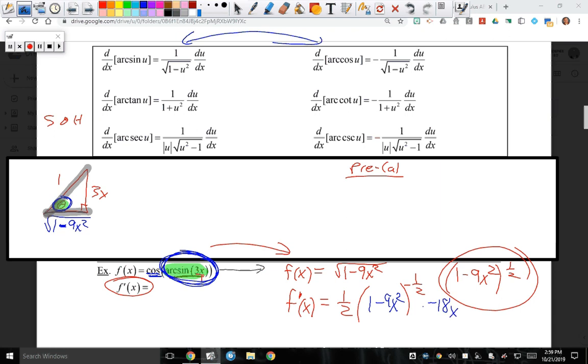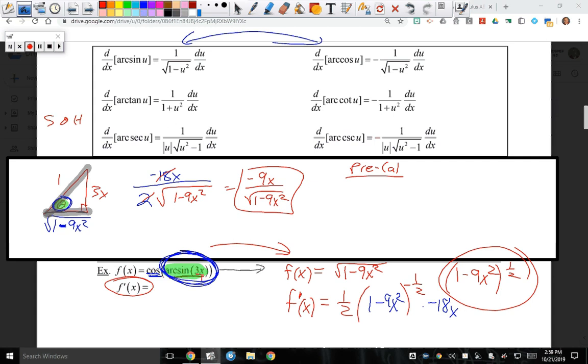And if I simplify that out, I would get negative 18x in the numerator, and 2 times the square root of 1 minus 9x squared in the denominator. And the 18 and the 2, even though the 2 is a coefficient of the square root, would reduce to what? Negative 9. So this would be the answer.